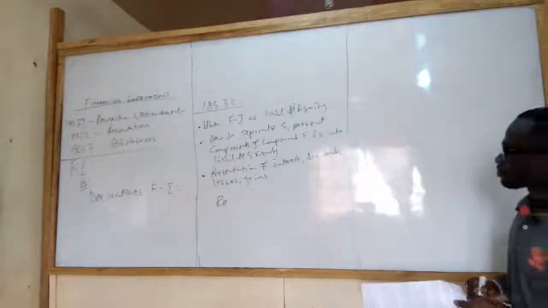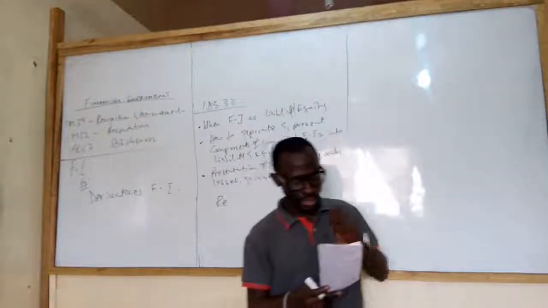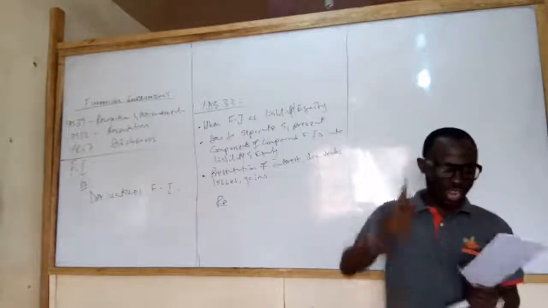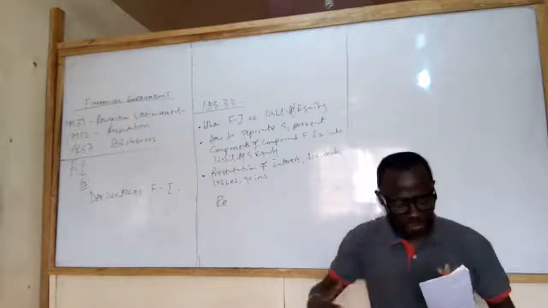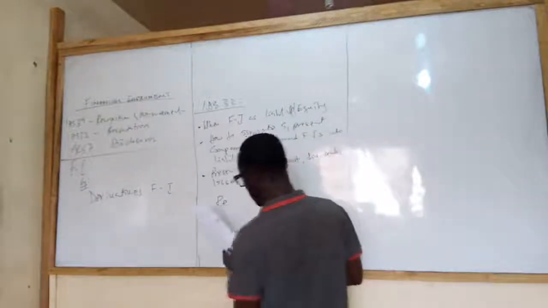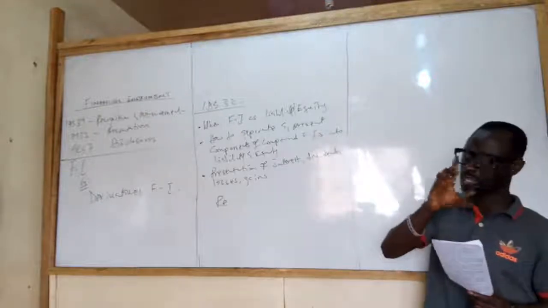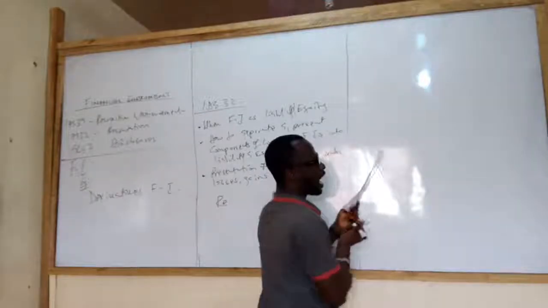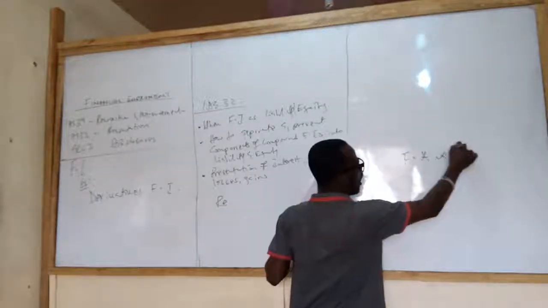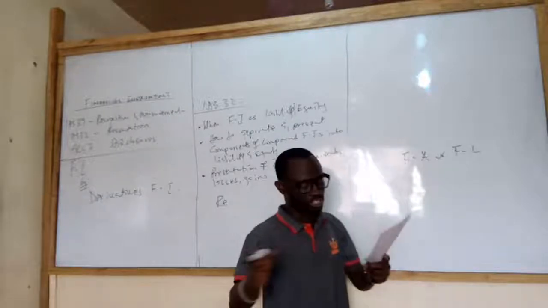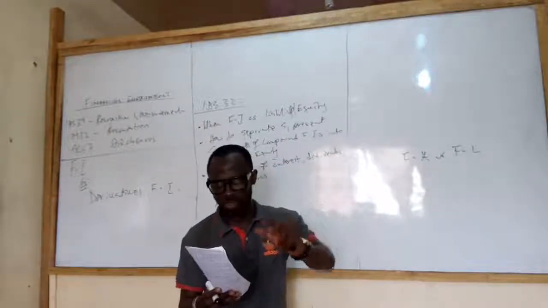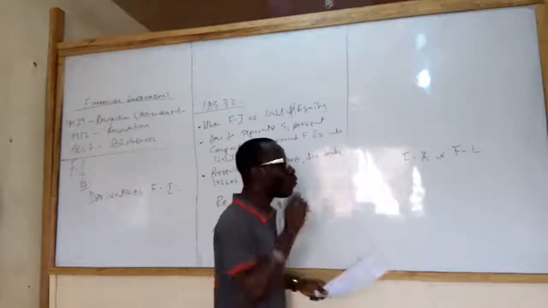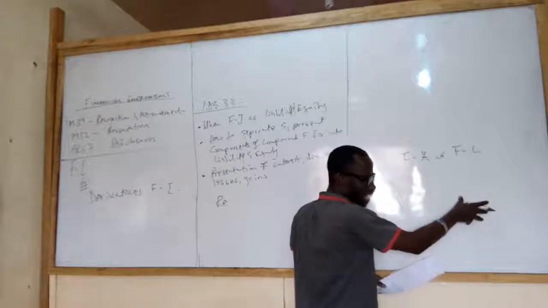So recognition. An entity should recognize a financial asset or liability on its balance sheet when the entity becomes part of the contractual provisions of the instrument. Listen carefully. The recognition criteria is that we only recognize a financial asset or a financial liability on our balance sheet when the entity becomes a part of the contractual provisions of the instrument, rather than when the contract is settled. Get the idea?